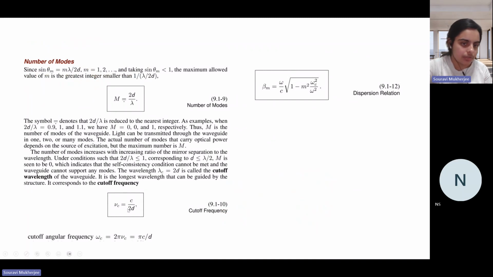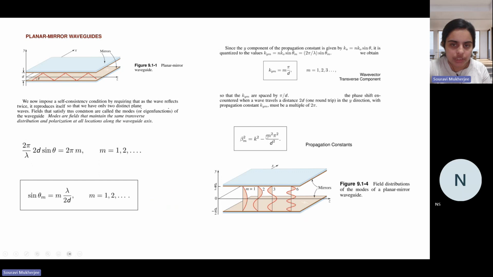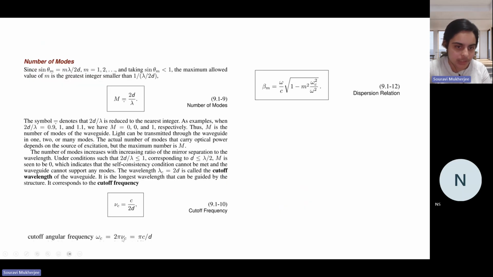And you can change it to the cutoff frequency, so if you know the velocity of your wave, you can find the cutoff frequency or the angular frequency. Okay, and you can use that relation in the expression for the propagation constant. If you look at this expression here, you know pi by d, right? And this pi by d also comes up here.